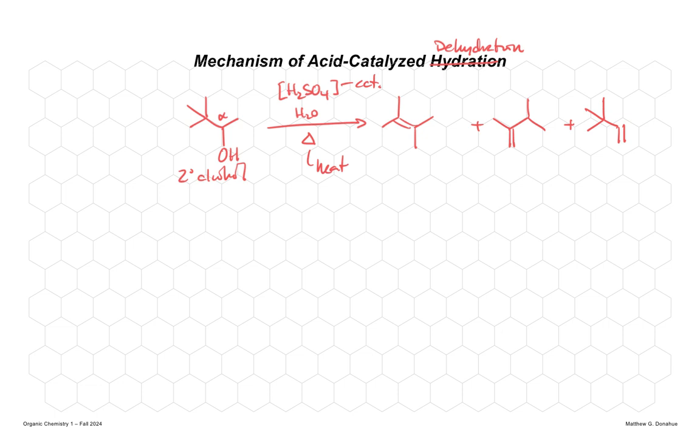Since that's an acid, the first thing that is going to happen is a proton transfer, so the alcohol is a base. And I'm going to just write HA for sulfuric acid, where A is the rest of the molecule, essentially.